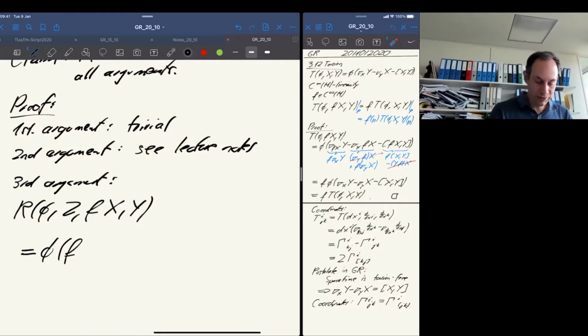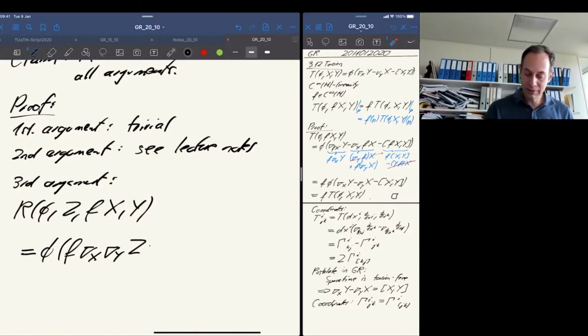So the first step is always to just write down the thing more or less, but already do some trivial things that I can immediately do. And I already told you before that in this argument here, we have anyway C infinity linearity. So rather than writing nabla fx, I can immediately write f nabla x. And then the second derivative is according to y. There is no f there, so that's this.